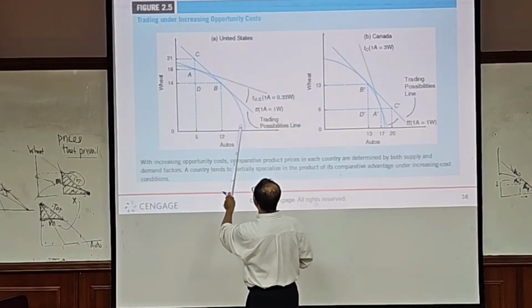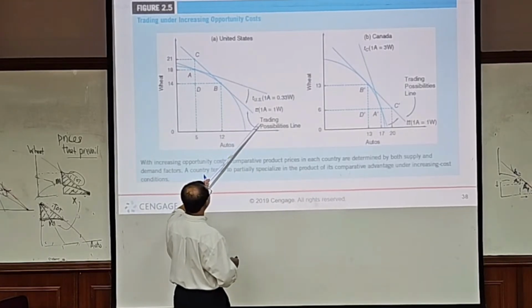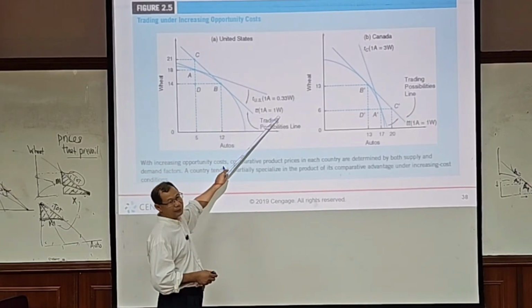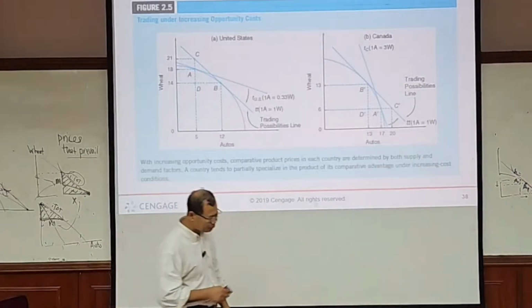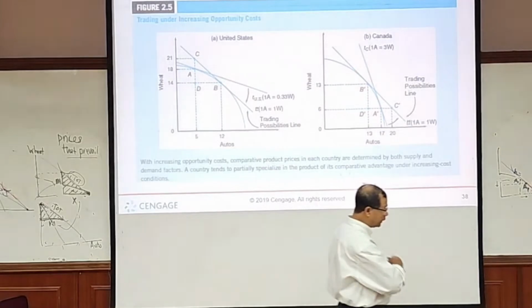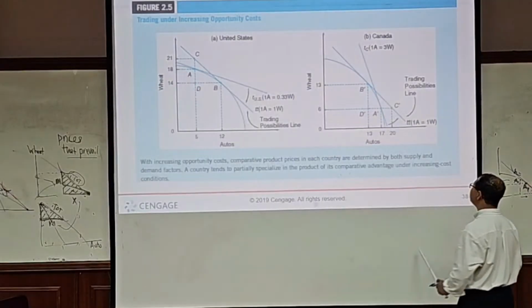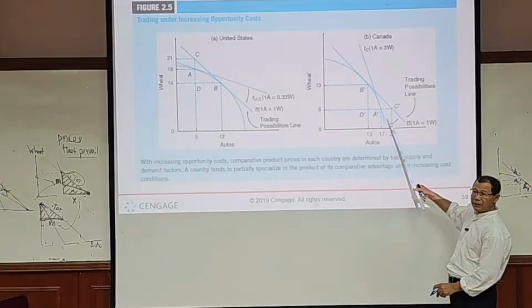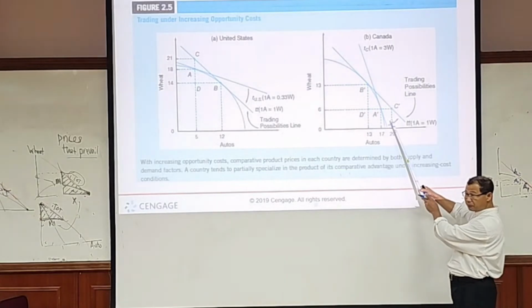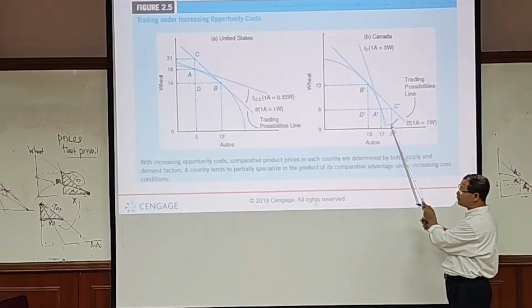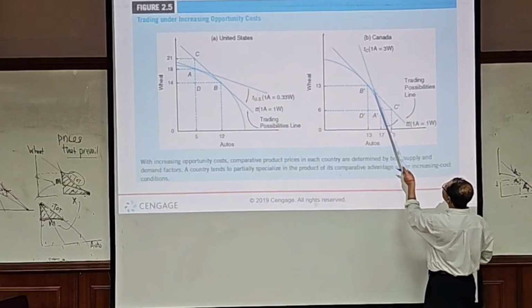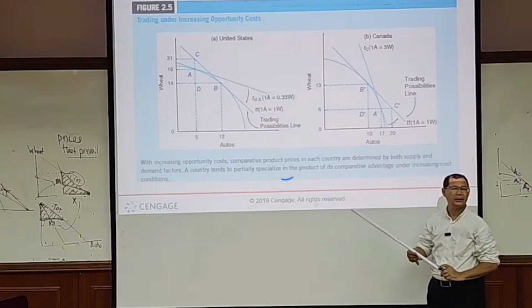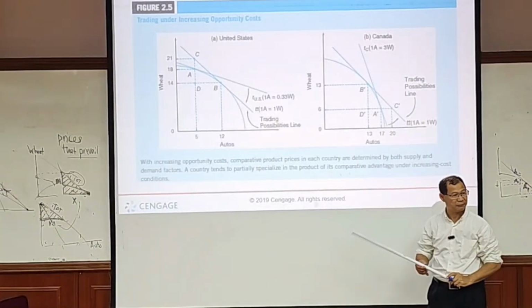So, look at the ratio. Now, 1 auto equals 1 wheat. Wheat becomes cheaper. Specialize in wheat. This is the beginning. Look at the cost structure. Terms of trade, domestic terms of trade. Only 1 car. Car is expensive in Canada.